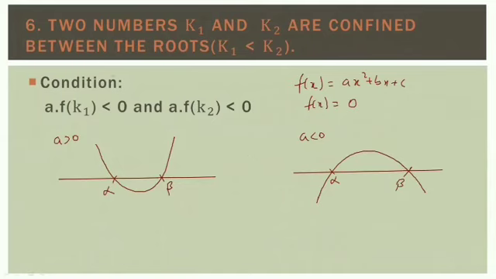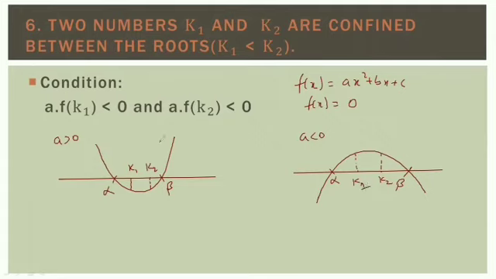Okay, so two numbers k1 and k2 have to be confined between the roots. That means k1 and k2 will be lying in between the roots, and it is given that k1 is less than k2, so k1 will come before k2. This is k1 and this is k2. Okay, fine.